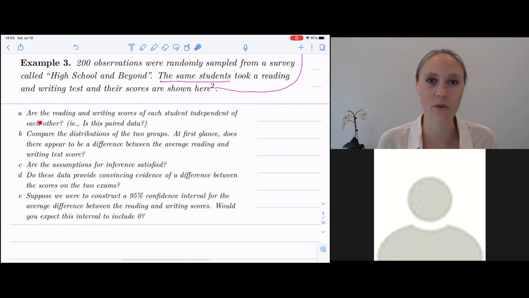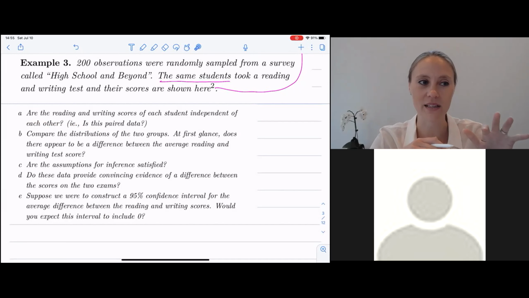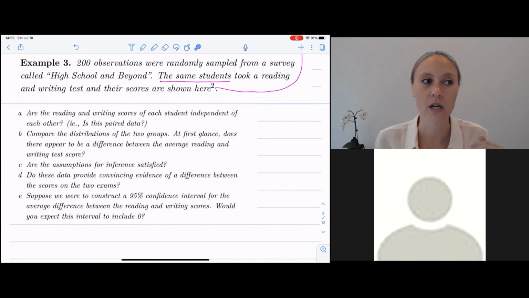So first thing we want to talk about is, are the reading and the writing scores of each student independent of each other? The reading and the writing scores are not independent of each other. Each of the students, we'll get to that later, we'll consider to be independent of each other, but the reading and the writing scores are not independent, meaning we have paired data.